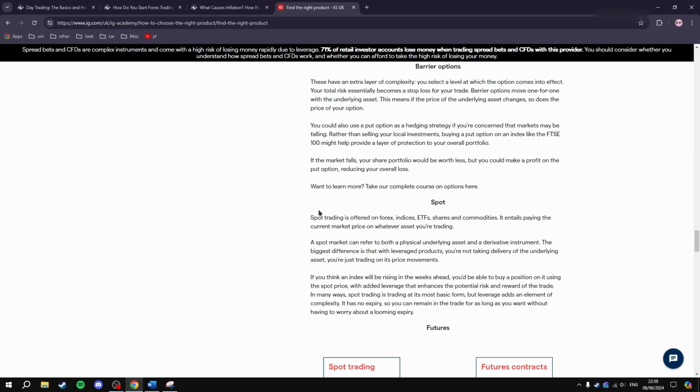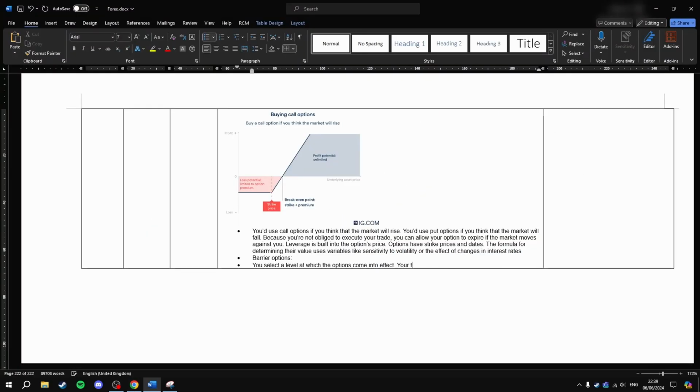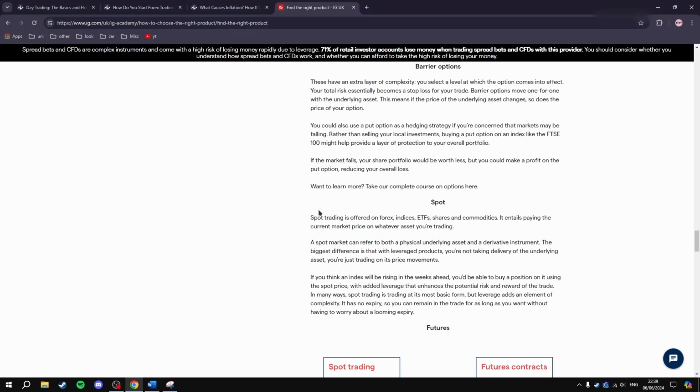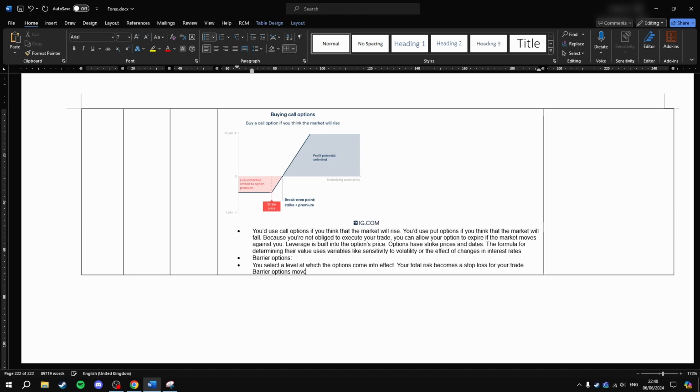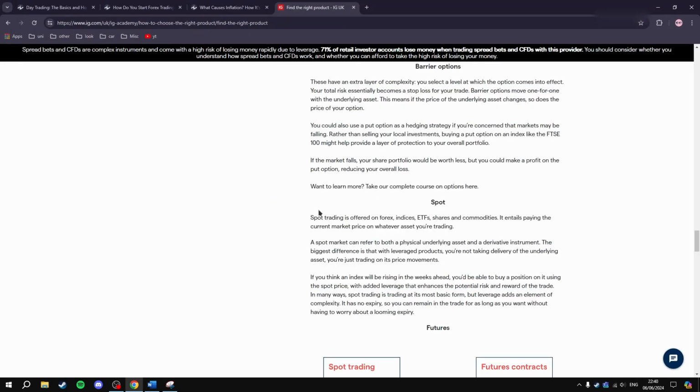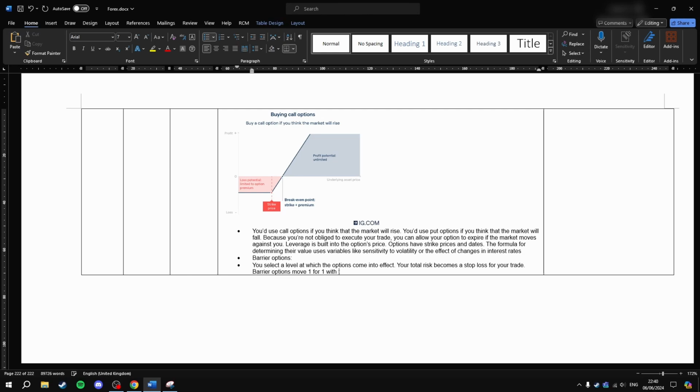Your total risk essentially becomes a stop loss for your trades. Barrier options move 1-for-1 with the underlying asset.